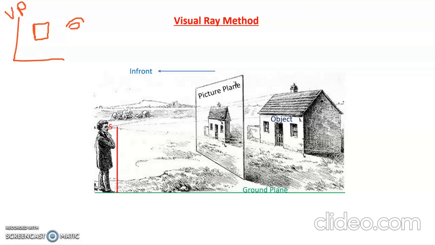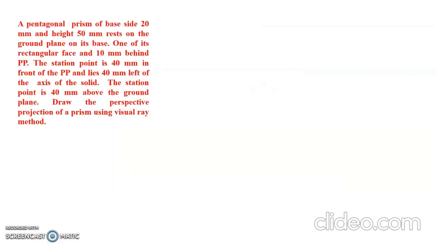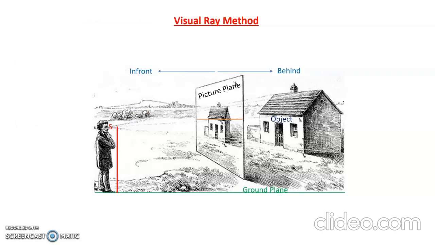With respect to the plane, the object is in front, whereas here, with respect to the plane, the object is behind. So in the previous three units the object is in front, here the object is behind and the station point is in front. In the picture plane we get the shrunk image of the object.